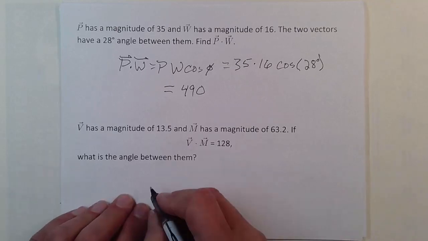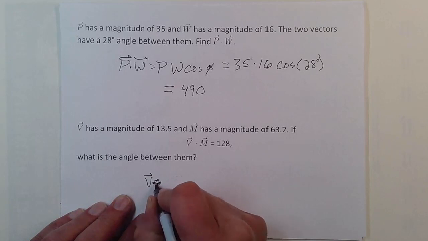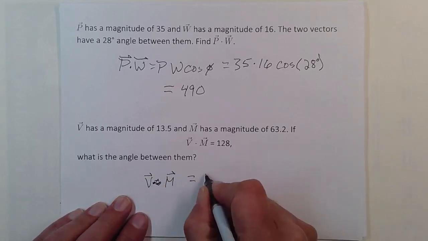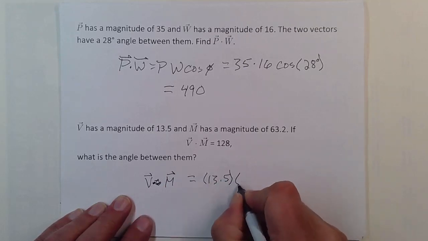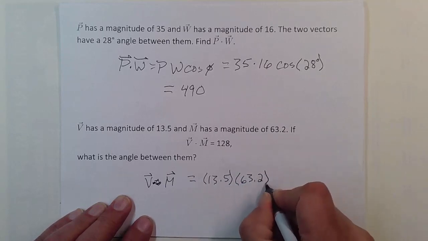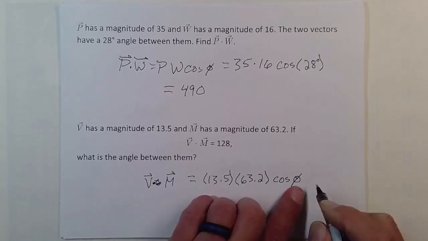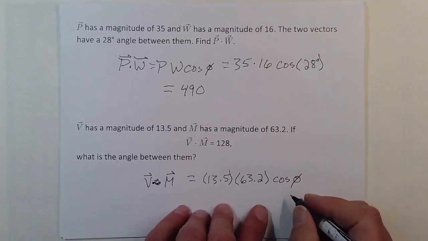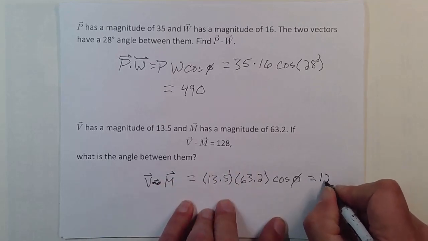Well, V dot M is going to equal magnitude of V, 13.5, magnitude of M, 63.2, and then the cosine of the angle between them, and I'm just using phi for those angles. You could use theta or any favorite Greek letter you want to. In this case, that's going to equal 128.